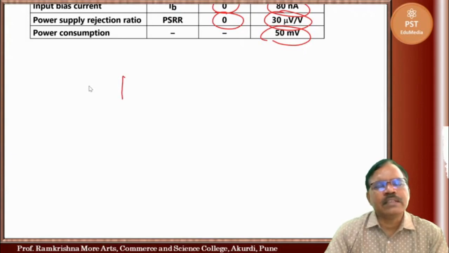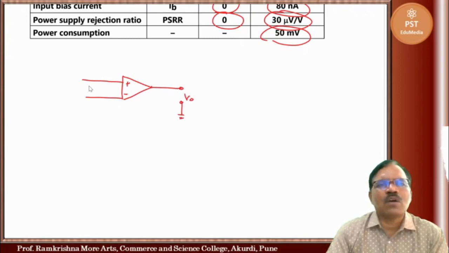Here this is the operational amplifier and here the output. Now part of this output is fed back to the input through some circuit. So it is called the feedback circuit.